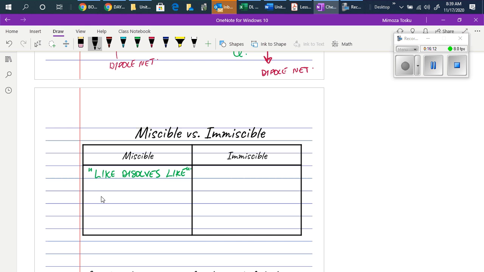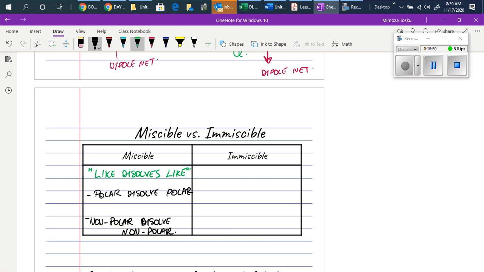It means that a polar will dissolve a polar molecule, and a non-polar will dissolve a non-polar molecule. So if you have a polar molecule, it will dissolve a polar. If you have a non-polar, it will dissolve a non-polar molecule.